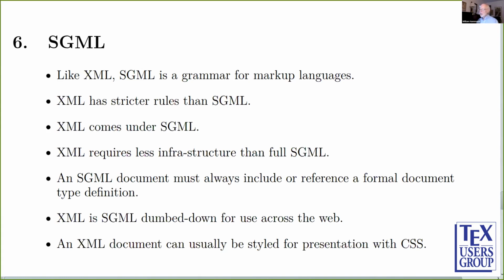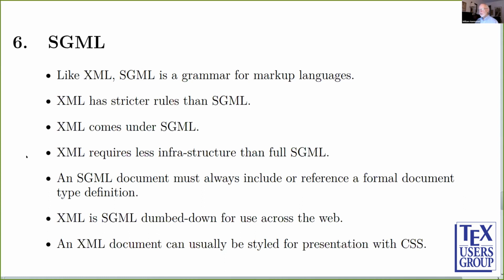XML officially is its own thing, but a mathematician's way of saying it is that an XML document is canonically isomorphic to an SGML document. And you can think of XML as a fully faithful subcategory of SGML.